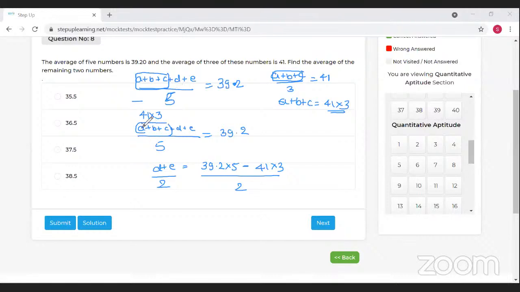Then I will get D plus E equal to 39.2 multiplied into 5, and A plus B plus C gets subtracted. But now I need to take the average of these 2 numbers. So the average of these 2 numbers will be divided by 2. I hope you understood now.